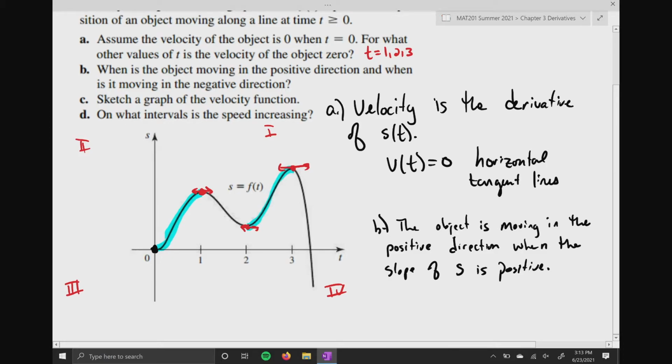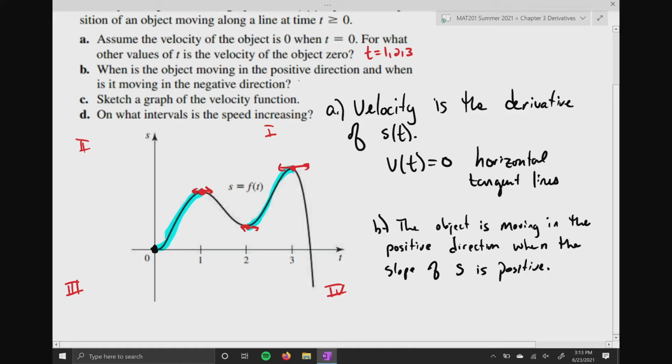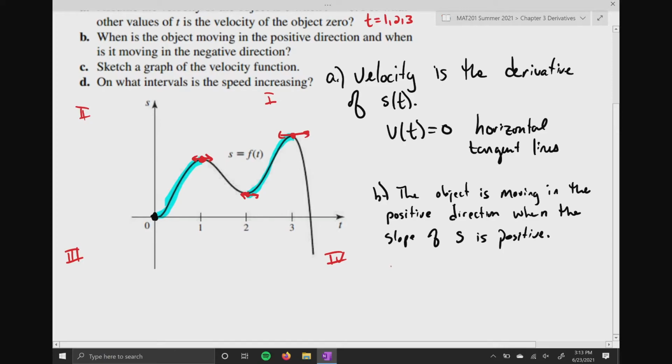So to answer the question, when is the object moving in the positive direction? It's going to be in the interval from t equals 0 to t equals 1. Another way to abbreviate this is 0 to 1.